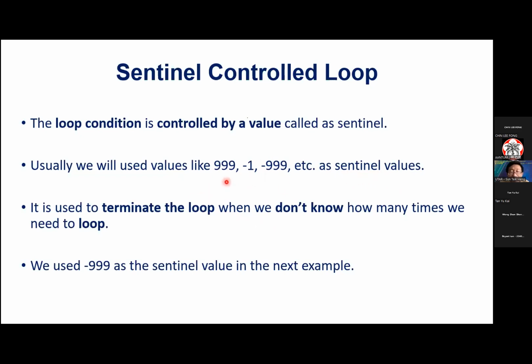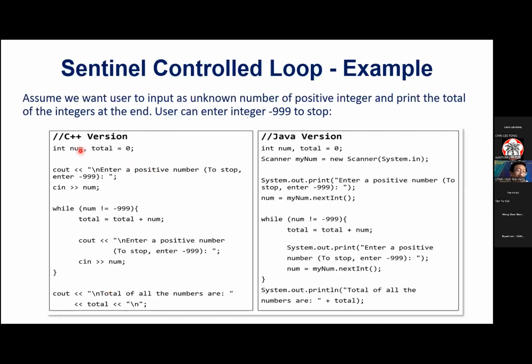For example, if you are making use of minus 999 as the sentinel value, then the loop will continue to repeat itself until it encounters the sentinel value, which is minus 999. In this program here, the while loop will check the value of the variable num: is it equal to minus 999?